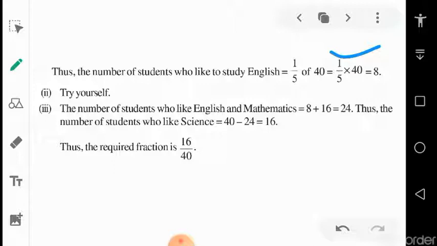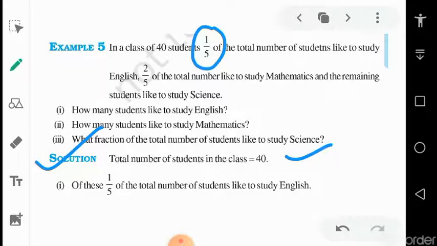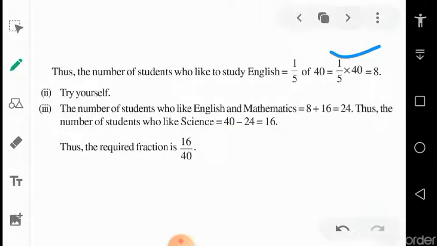And second and third, see what is the third question. What fraction of the total number of students like to study science? As you can see, the remaining students like science, so no value is given, and ultimately we can say that the number of students who like English and mathematics is 8 plus 16.